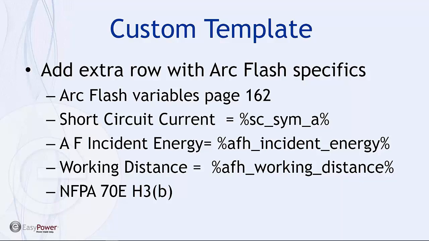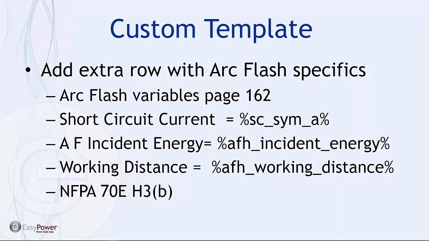In the case of short circuit current, the nomenclature is %SC_SIM_A%, and likewise arc flash incident energy is %AFH_INCIDENT_ENERGY%. Likewise with working distance. And all this is in compliance with NFPA 70E in the tables, Appendix H.